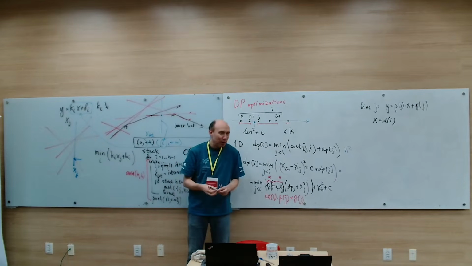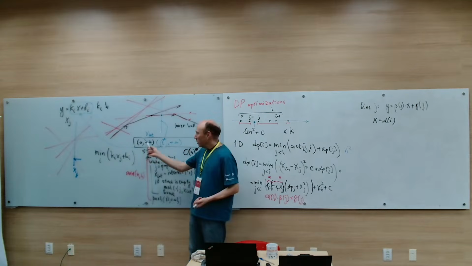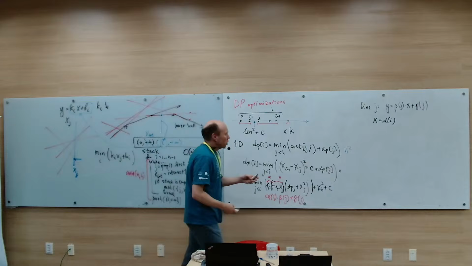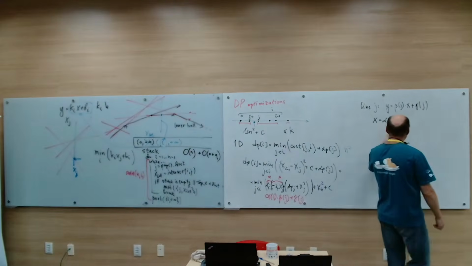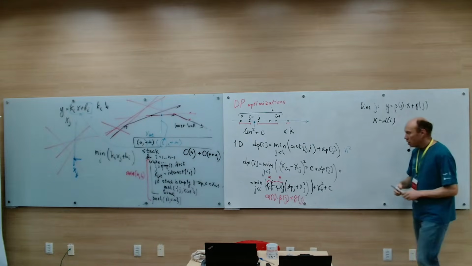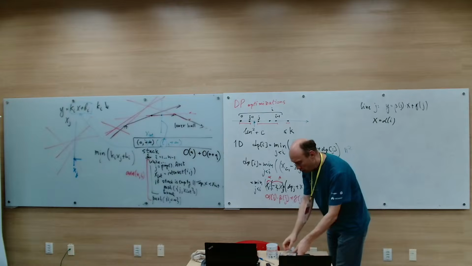It doesn't really matter, but it will be consistent with our previous presentation. So x is alpha of i, and the line is like this, and the problem is exactly the same. We want to find the minimum intersection point of the vertical line of the query and the given lines on the plane.